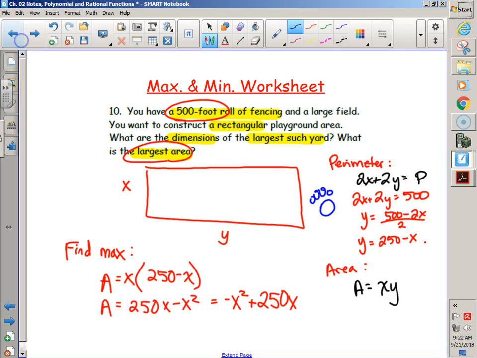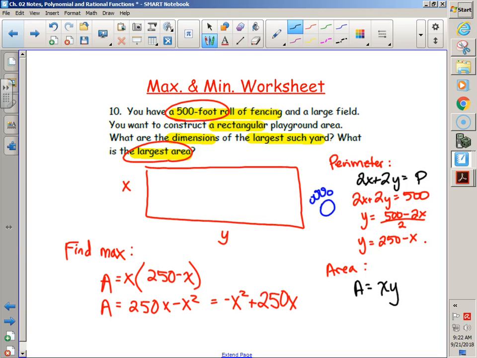I'm not going to write any more down, but I will come back to this page for just one second and say, hey, yesterday when we got our formulas for 2x plus 2y and xy, I walked through on the video exactly what to do next. So if you're still stuck on number 11, I just gave, at least verbally, how to make the equations for perimeter and area. Then you can follow our steps from yesterday.